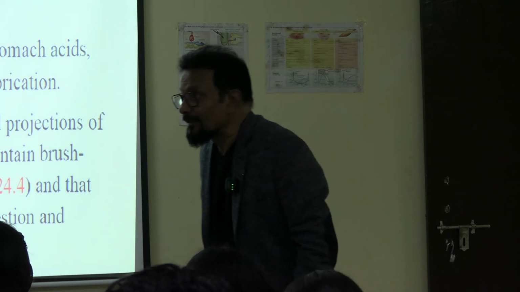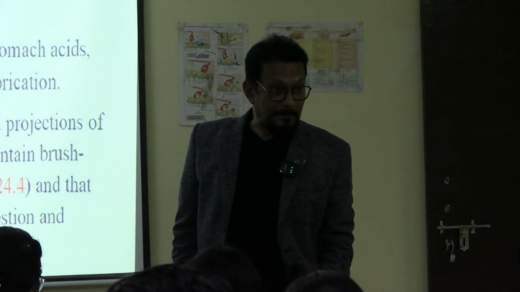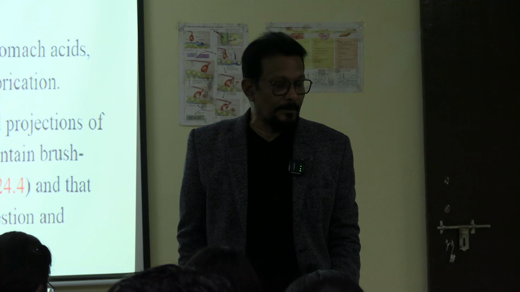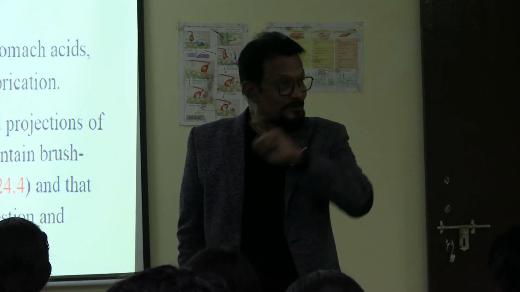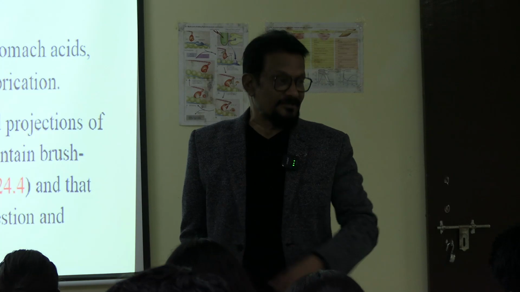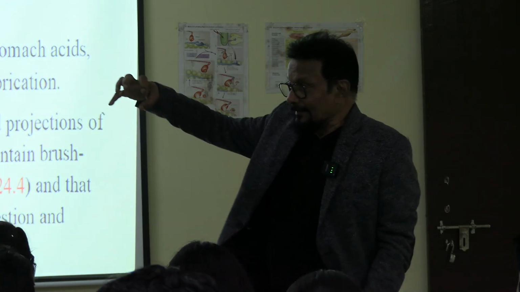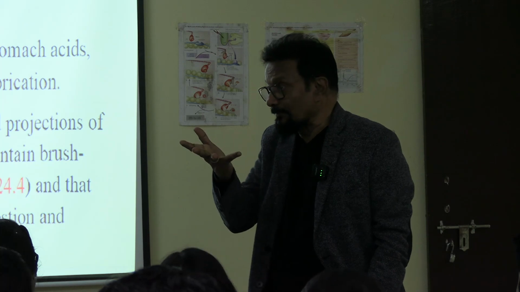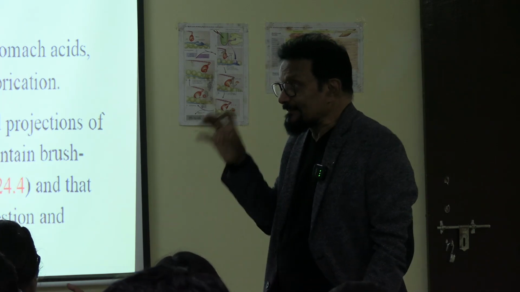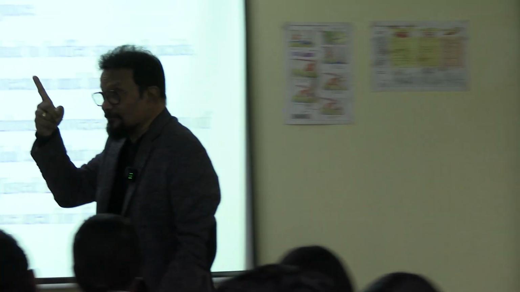What is the name? Glucose-dependent. You keep this. This is the latest name, because it also has a role in insulin secretion. That's why the name has been changed. When in the intestine, glucose is not yet absorbed. Before that, it sensed a lot of glucose will be entering into the blood.